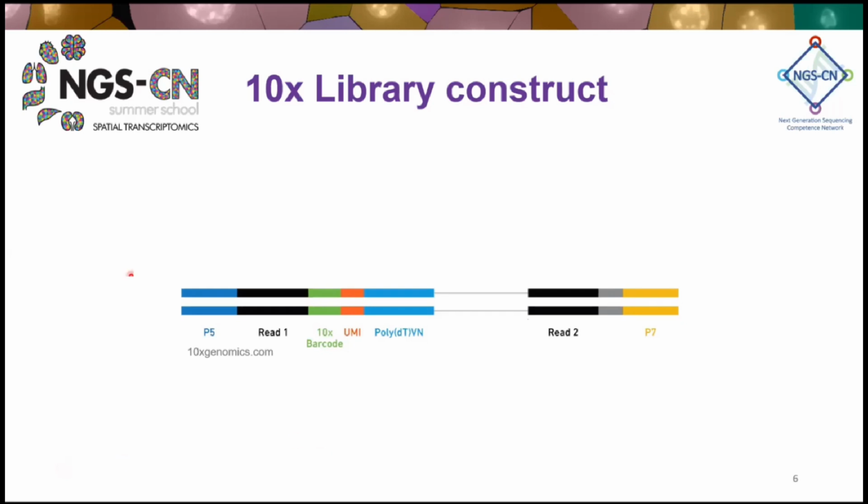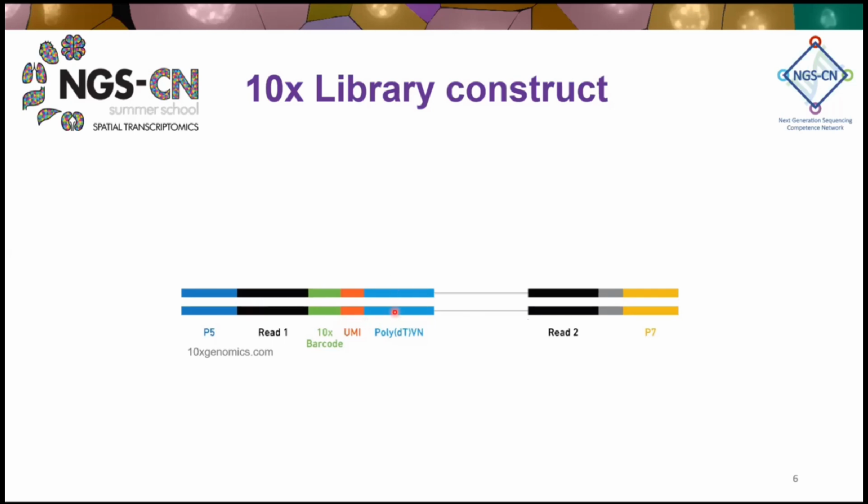This here is a typical 10x library construct. You have a part called P5, which is the grafting part that attaches to the flow cell. You have a sequencing primer for read 1, which is called read 1 here. Then you have the 10x barcode, which Susanne told you all about, and the UMI.